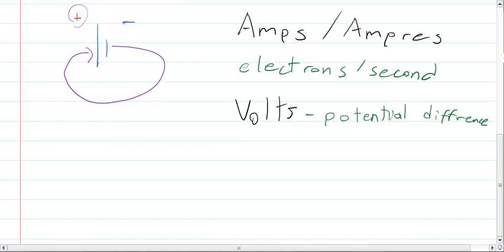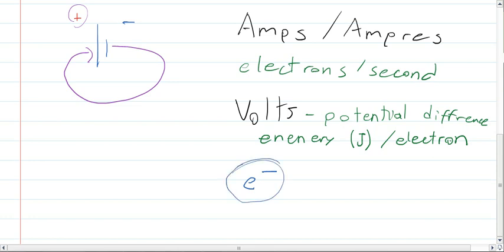Another way to think about volts is the amount of energy, so like in joules, per electron. What that really means is that for every electron that's going through the circuit, it has some energy, or some ability to do something.